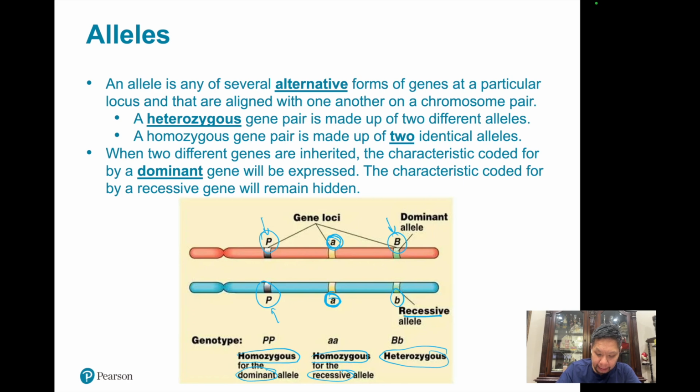Now, if you were to have a heterozygous, say a red-haired person marries a dark-haired person.